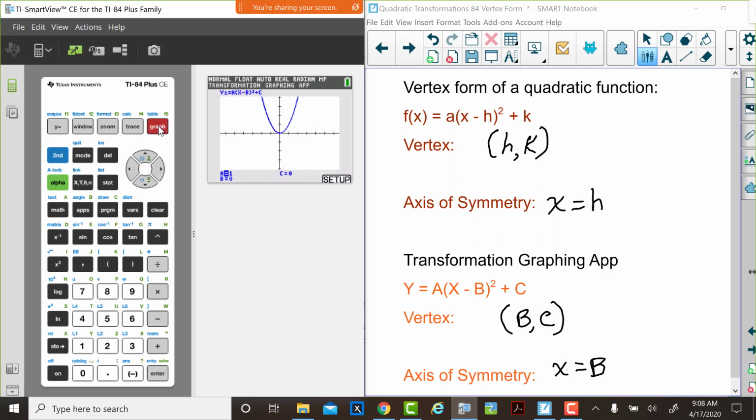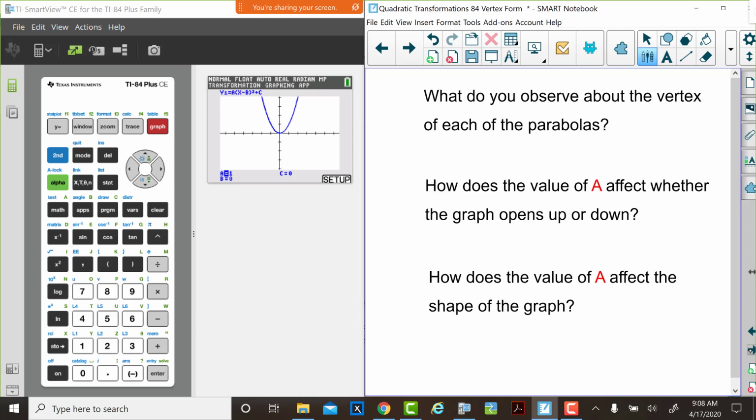We chose a zoom decimal window, and as you can see, currently we have the parent function graphed since a is equal to 1, b is equal to 0, and c is equal to 0. So if you substitute a is 1, b is 0, c is 0 in the equation at the top of the screen, the result would be y is equal to x squared.